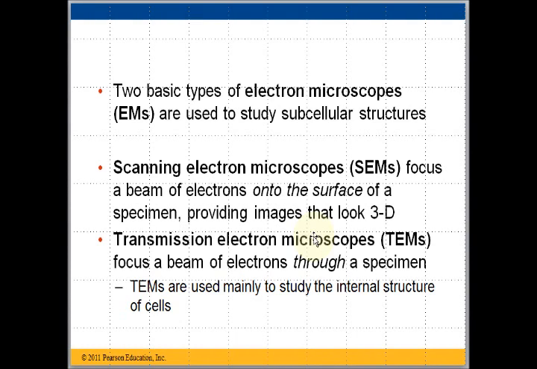You have a scanning electron microscope, which is very good for looking at the surface of a specimen, gives you a nice, cool 3D picture, and I'm sure you've seen lots of these before. And then the other one is a tunneling or transmission electron microscope. A transmission electron microscope actually passes electron beams through a specimen, and this would be like a specimen that you have sliced very thin and you want to look at the internal structure.